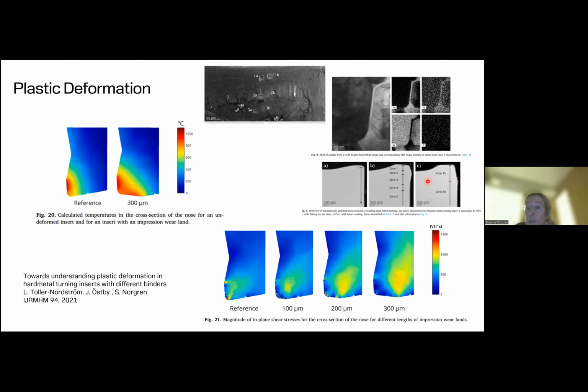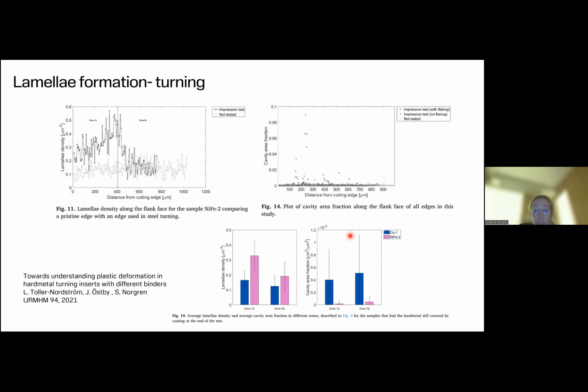So you have zone 1B here and zone 5B here. And you can see then in zone 1B for the nickel cobalt and for zone 1B for a cobalt reference, and zone 5B, and you can see that there is a huge increase in zone 1B compared to zone 5B in this case. And the same when it comes to cavities, that it's much more.